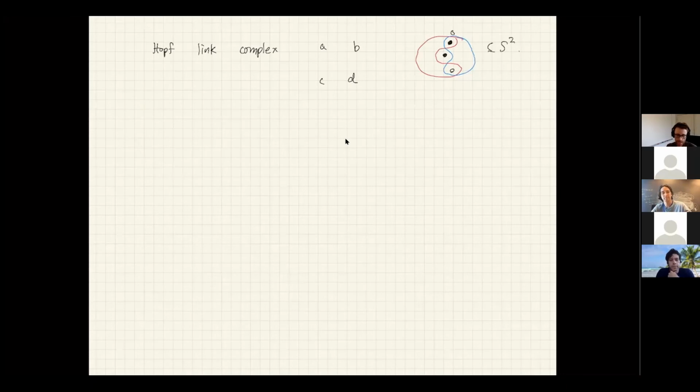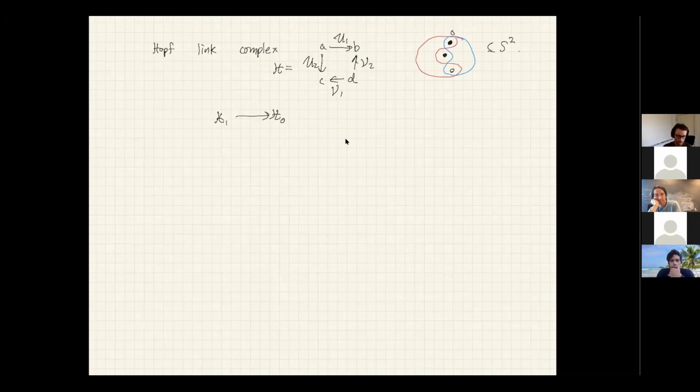So it has this Heegaard diagram that's really simple. And if you write down the complex, it's quite simple. It's just generated by U1, V1, U2, V2. It's very simple, but in particular, it has this two-step filtration.